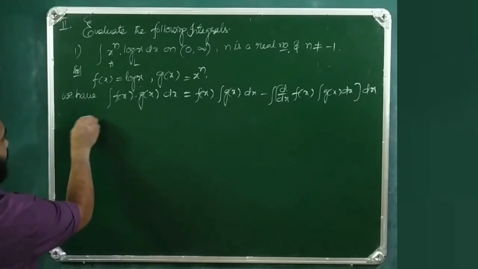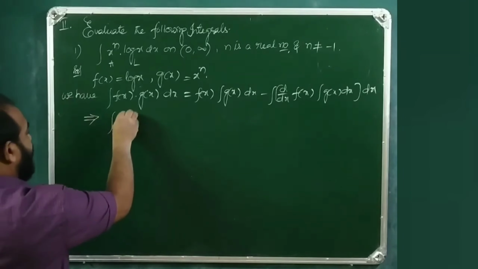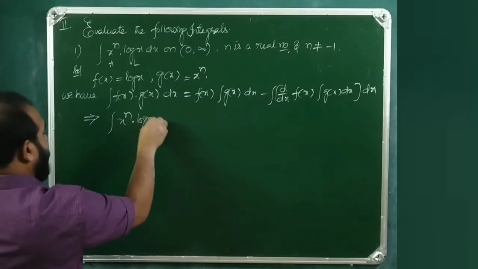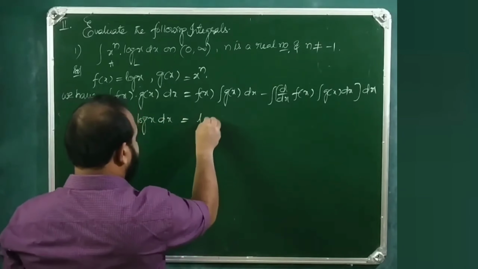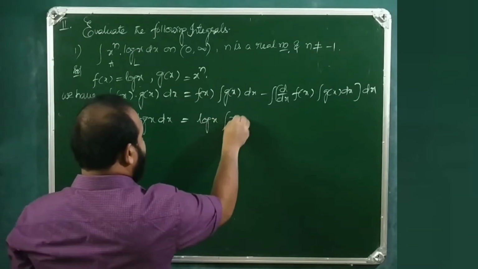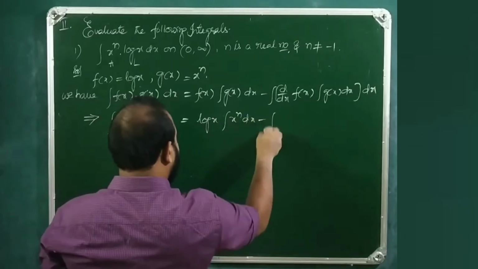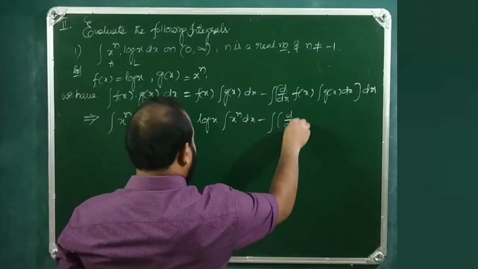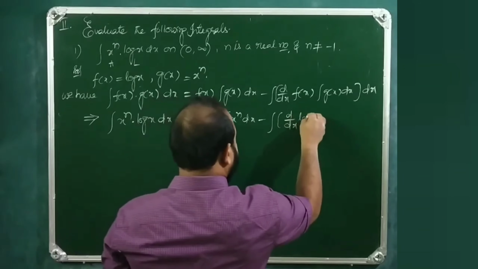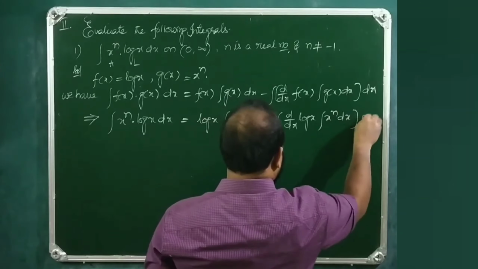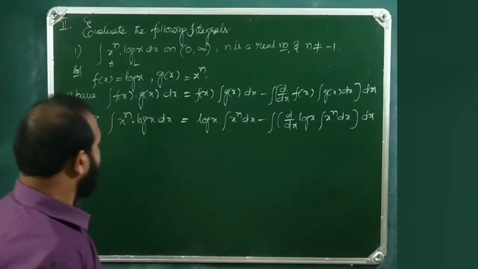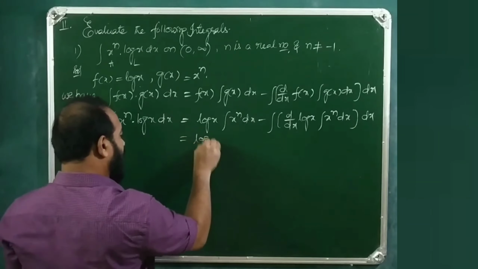So this implies the integral of x^n into log x dx equals, first function here is log x, into the integral of x^n dx, minus the integral of d by dx of log x into the integral of x^n dx, whole dx.